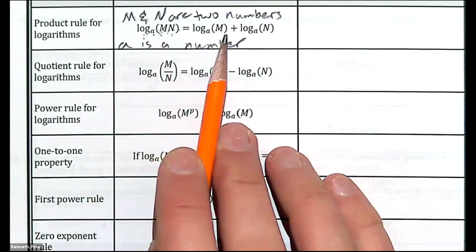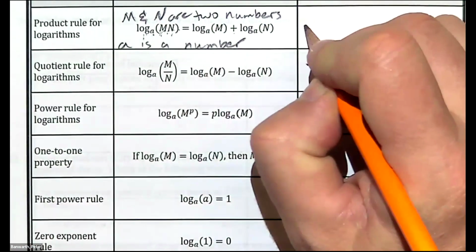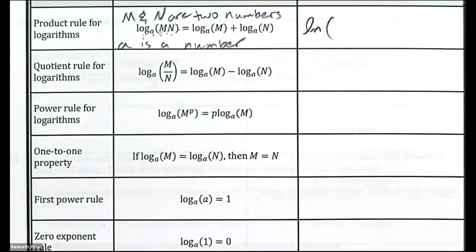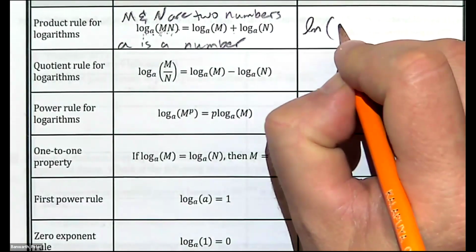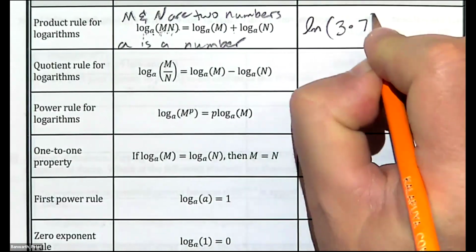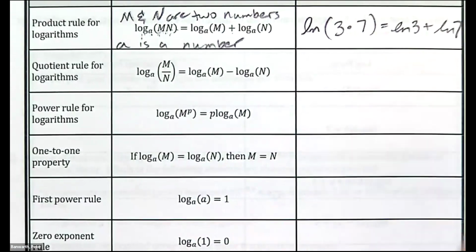Multiplication, and when I take a log, what does it turn into? Addition. So for example, I'm still going to use ln, and sometimes I use it just because there's less writing. The natural log of e times 7 is the natural log of 3 plus the natural log of 7.